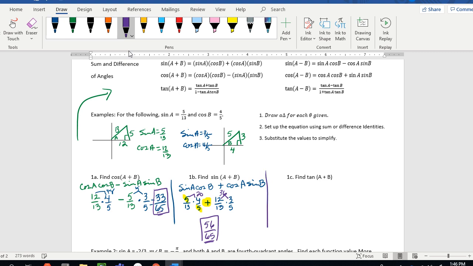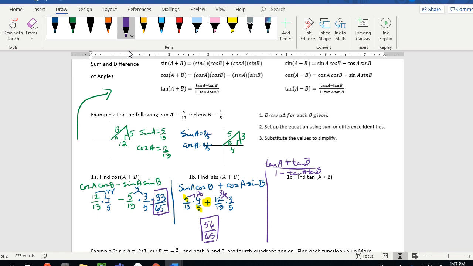Now, tangent is a totally different bear. Tangent is 1 plus, I'm going to do it up here so I have a little bit more room. 1 plus, no, it's not. It's tangent of A, sorry. Tangent of A plus tangent of B all over, this is what I was thinking, 1 minus tangent A, tangent B. It's multiplied.